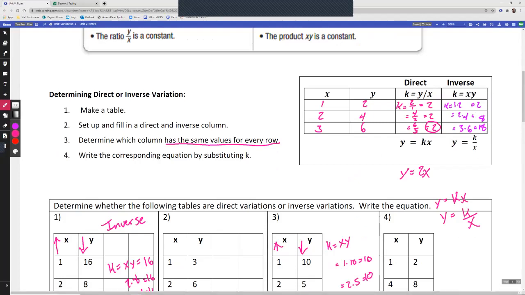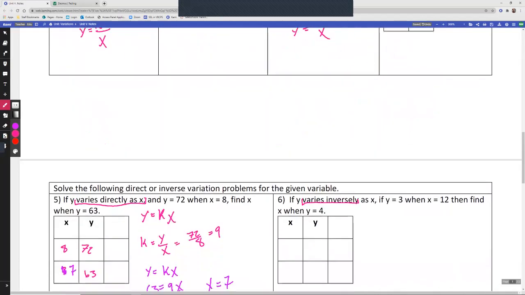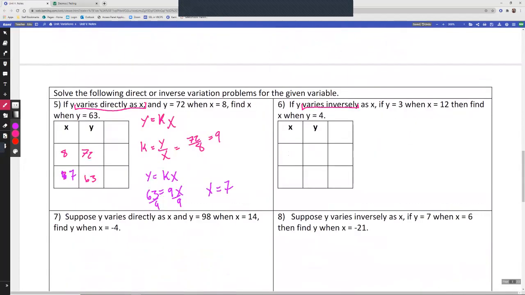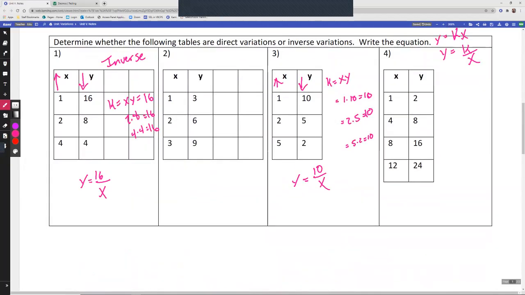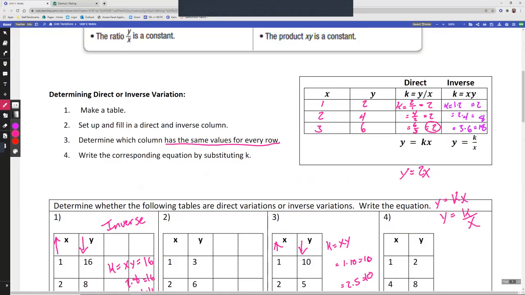Inverse variation is y equals k over x. Now that we know that, we have to solve for k, and that's also up above if you want to look at that. K is equal to xy. It's underneath the inverse spot in the column.